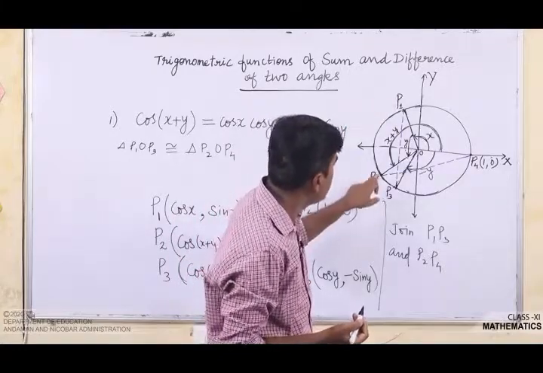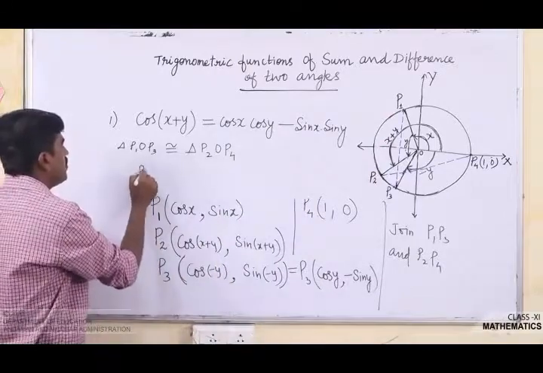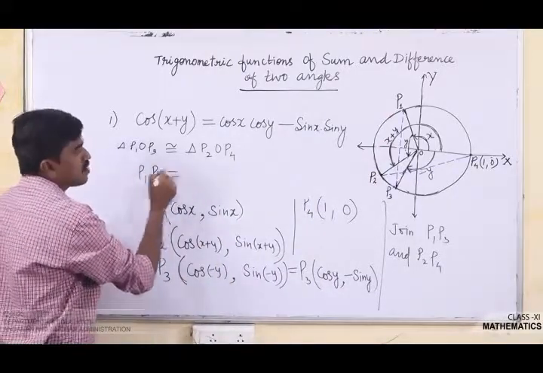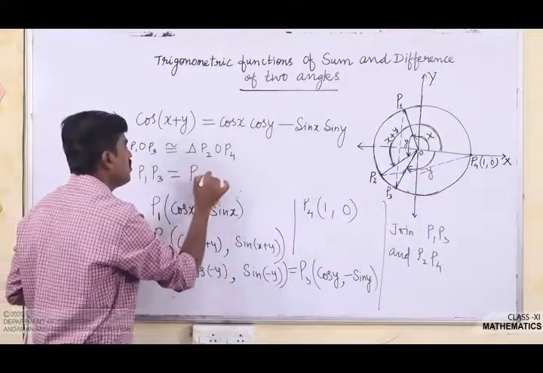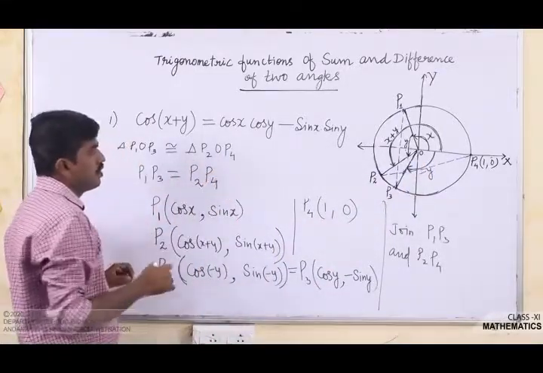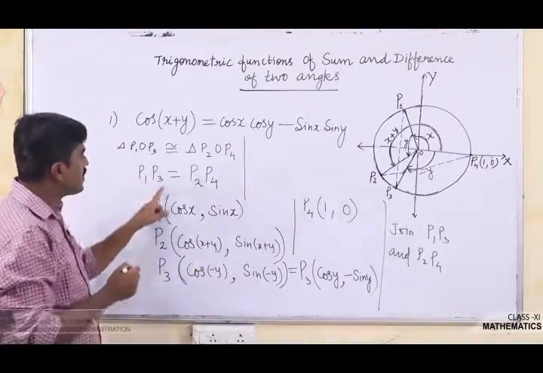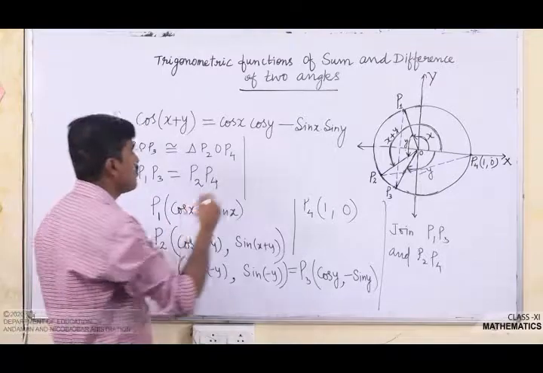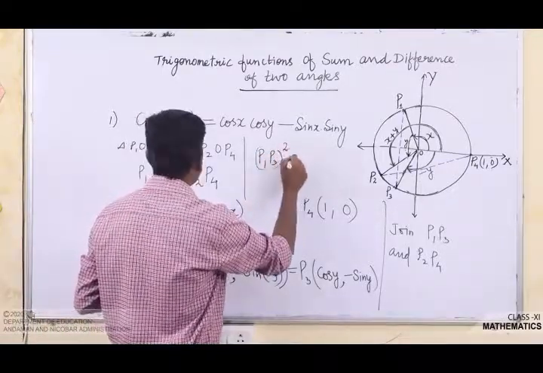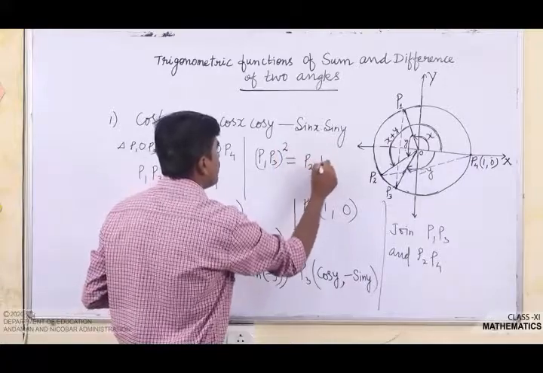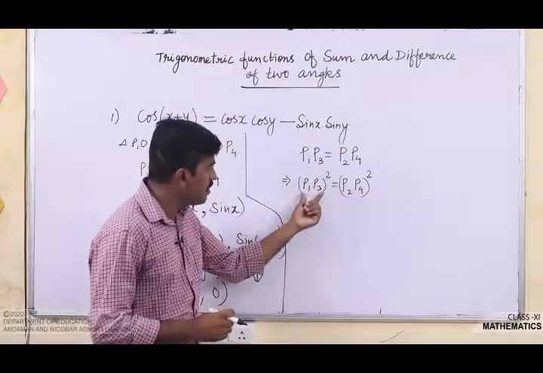So here P1P3 is equal to P2P4. So if squaring, then P1P3 whole square is equal to P2P4 whole square. Okay. Now let's find the value of P1P3 whole square.